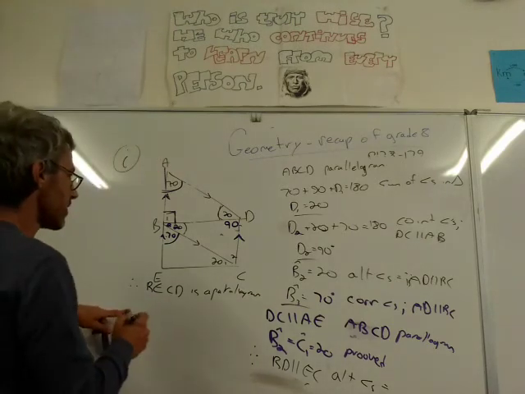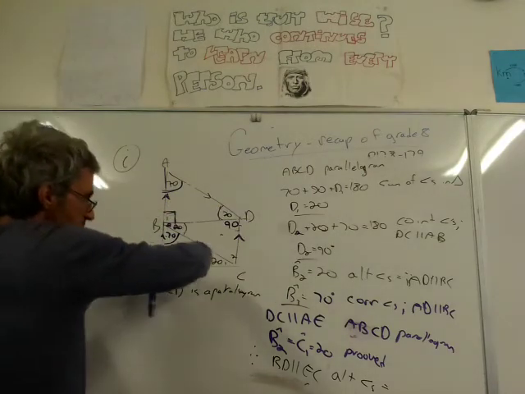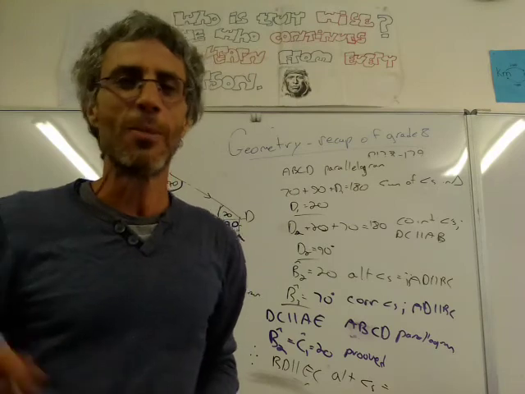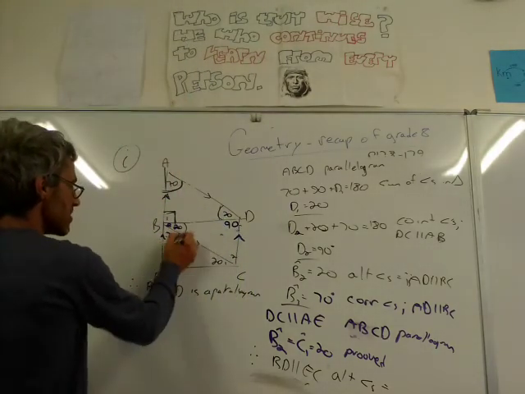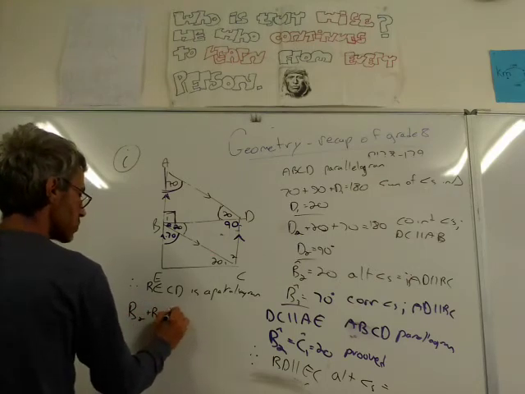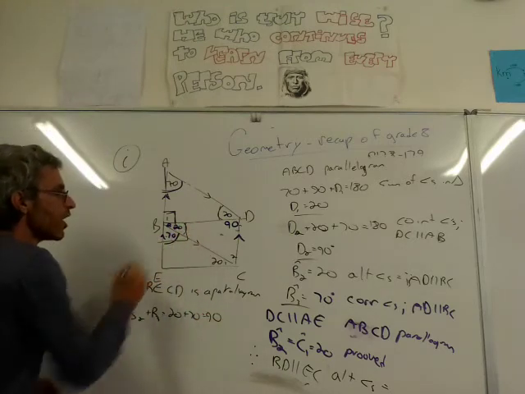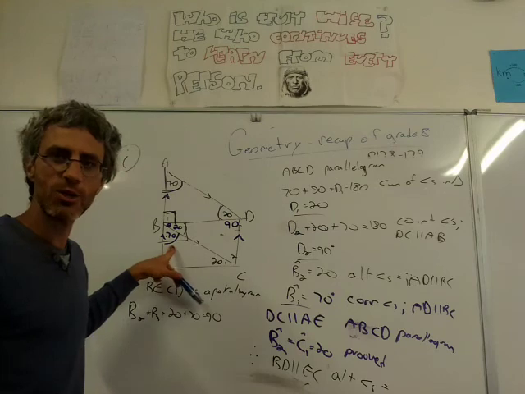Let's move on. The last question, they want me to prove that this parallelogram is in fact a rectangle. But that is really dead easy. Because look at B2 and B3. Angle B2 plus B3 is 20 plus 70. It's 90 degrees. So I've got a parallelogram with an interior angle of 90 degrees.